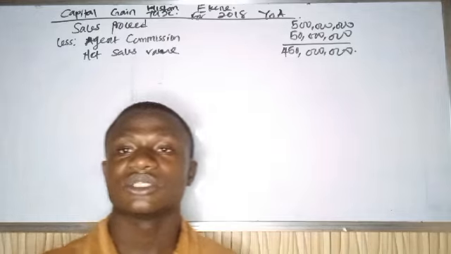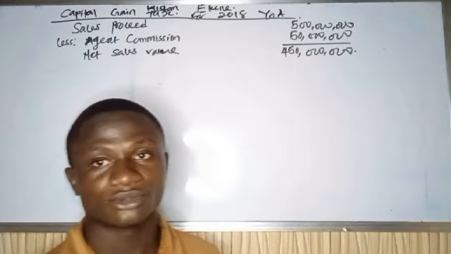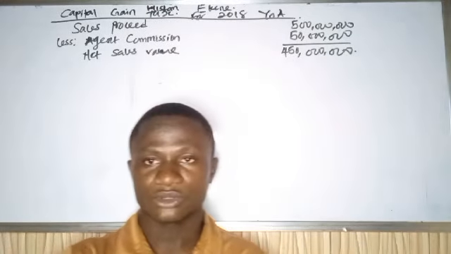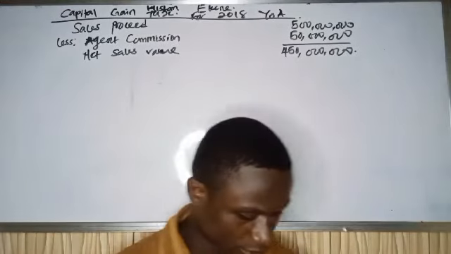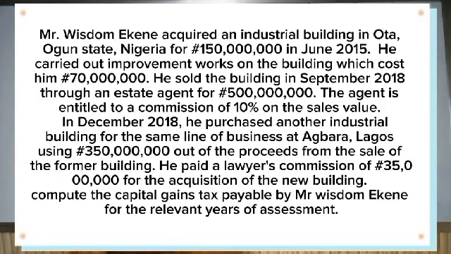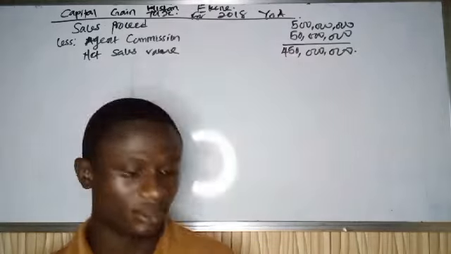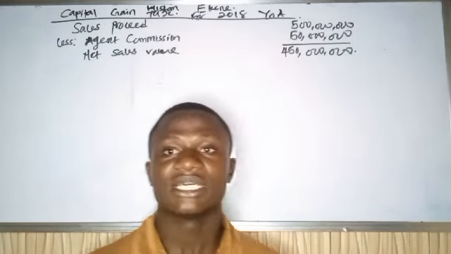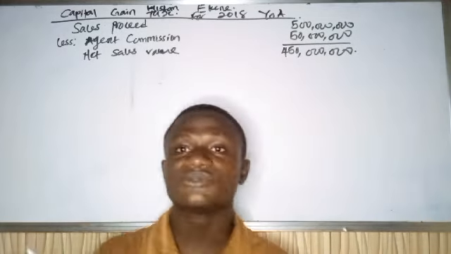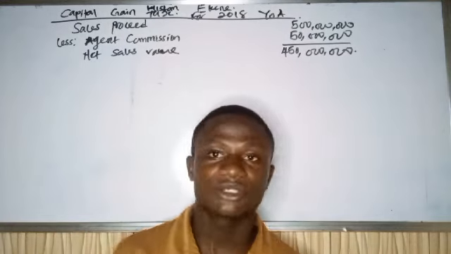The next thing we need to do now is to subtract the cost of acquisition and every other cost related to buying the asset. So from the beginning of the question, Mr. Wisdom Ican acquired an industrial building in Ota, Ogun State, Nigeria for 150 million in June 2015. He carried out improvement works on the building which cost him 70 million. So 150 million is the amount he bought the asset for, and improvement costs. I've said in my previous video that any amount you spent on an asset to improve the asset is part of the cost.